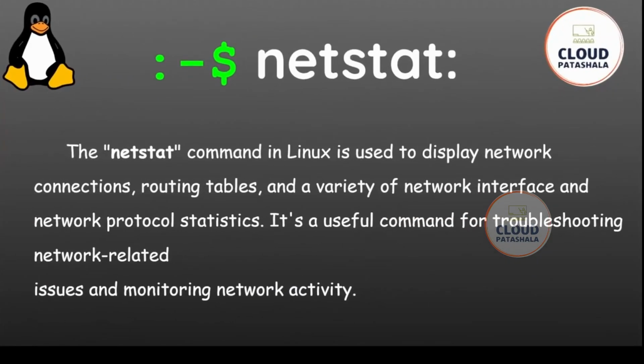The next command that we would be looking into is netstat. The netstat command in Linux is used to display network connections, routing tables, and a variety of network interface and network protocol statistics for us. It is a useful command for troubleshooting network related issues and monitoring network activities.